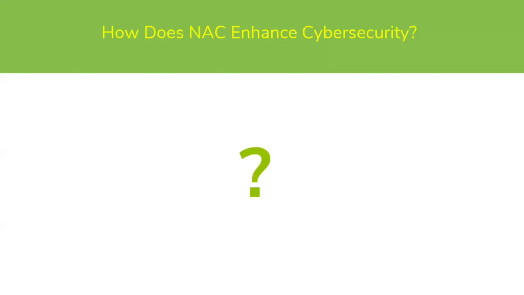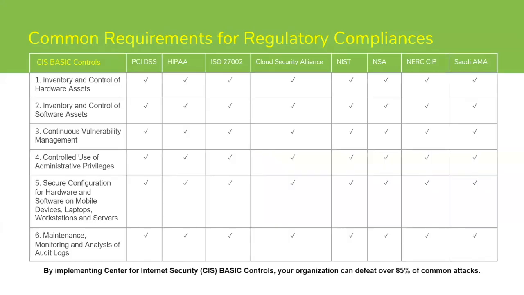So we'll start off talking about how NAC enhances cybersecurity. We'll touch on this briefly. We did go into this a little more in depth in our inaugural session for this webinar series. Stated here in this matrix is a list of the Center for Internet Security basic controls for various regulatory compliances.